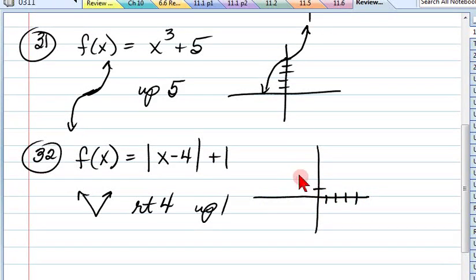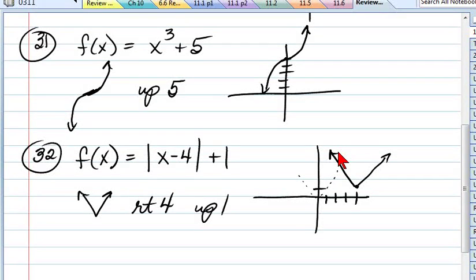So I'm thinking in my mind about this V, but I need it to go right 4 and up 1, so it's going to be over here. You'll have to draw it. It's an open-ended test, it's not multiple choice.